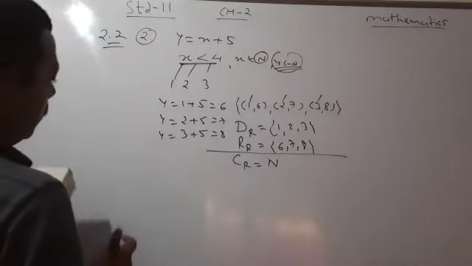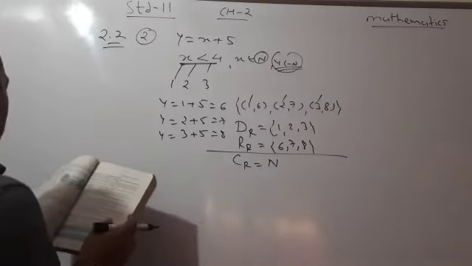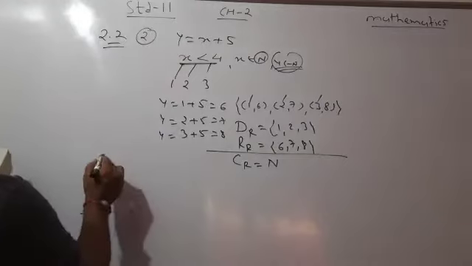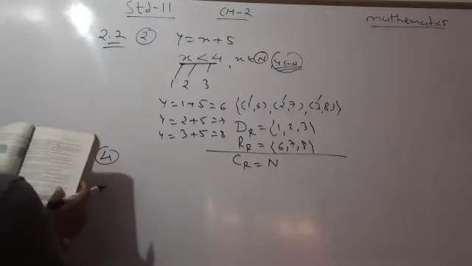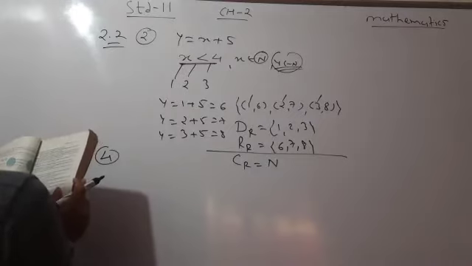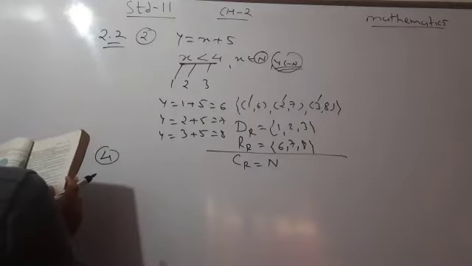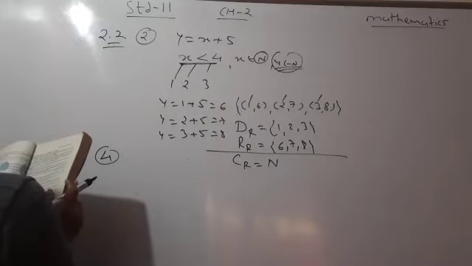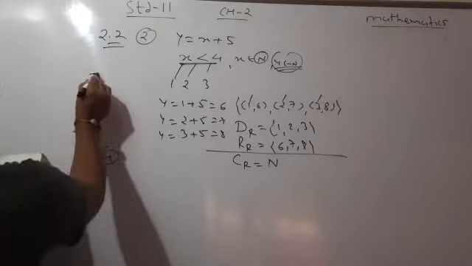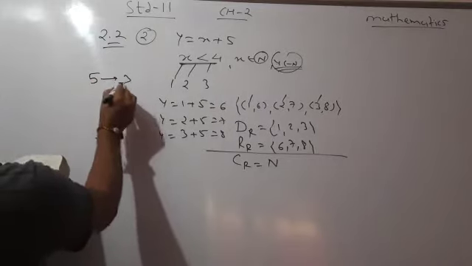Now in question number 4 also we can directly write the answer. From question number 4 you can observe that we have to show the relationship between P and Q, write this relation in set builder form and roster form, and give the domain and range. Now observe the entries. If I write 5, then we get 3.